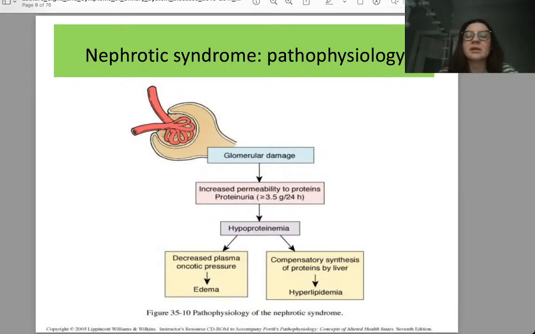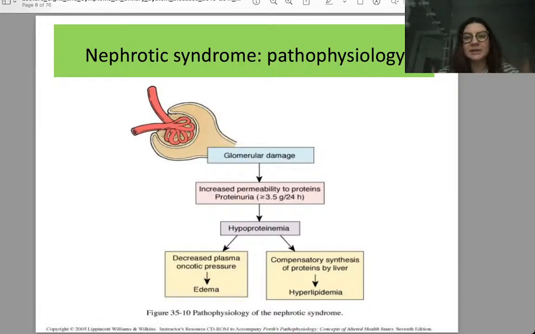Pathophysiologically, nephrotic syndrome develops, first of all, due to glomerular damage. It leads to increased permeability to proteins and causes proteinuria. For nephrotic syndrome, massive, intensive proteinuria is typical, with a level of more than 3.5 grams of protein per day in urine.